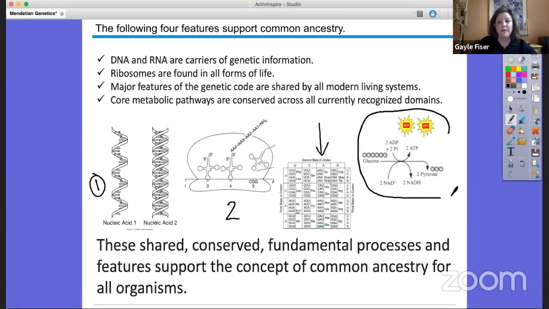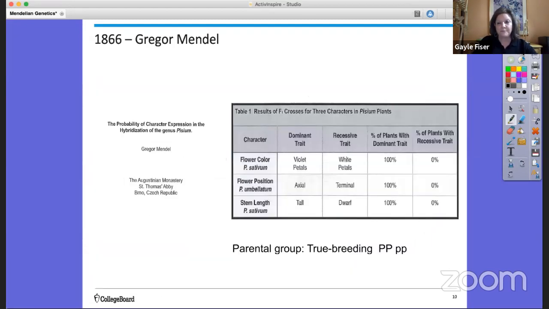If you can remember, we had glycolysis and fermentation, and it didn't matter if you had oxygen or not, there was fermentation going on. We didn't need the mitochondria to do so. So these shared, conserved, fundamental processes and features support the concept of common ancestry for all organisms.